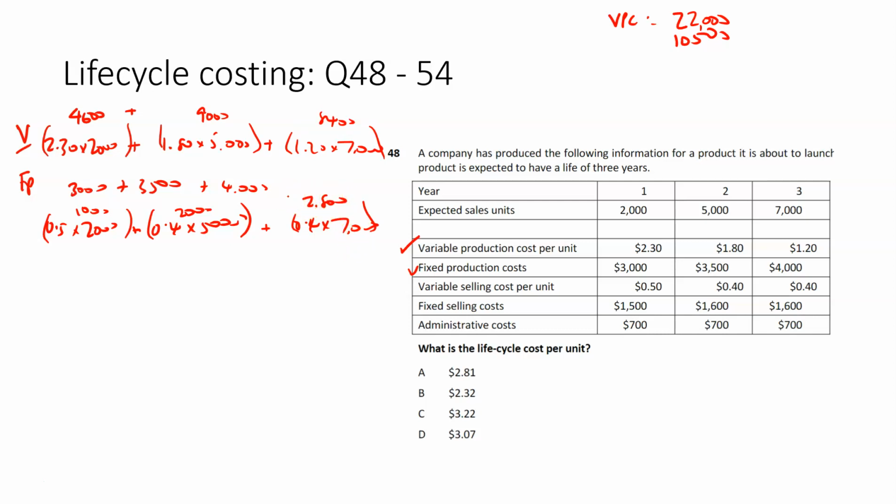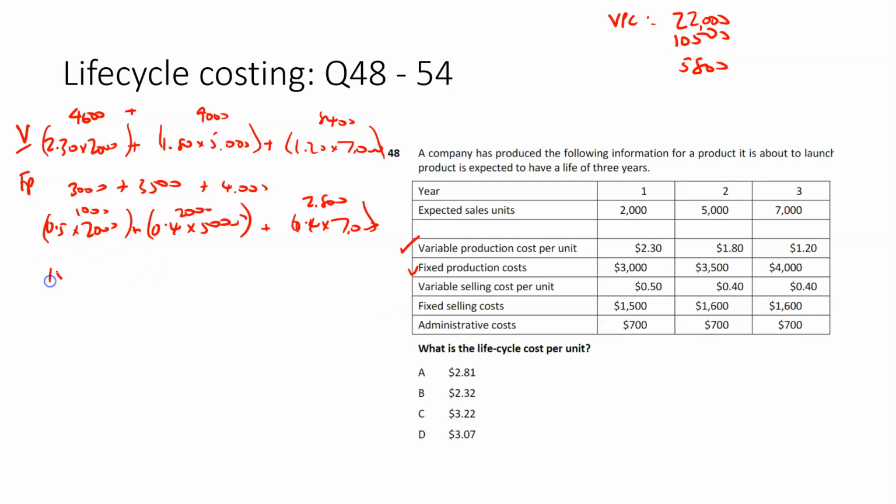Add those together, 1,000 plus 2,000 plus 2,800, you have 5,800. So that's 5,800. Then you have the fixed selling costs.